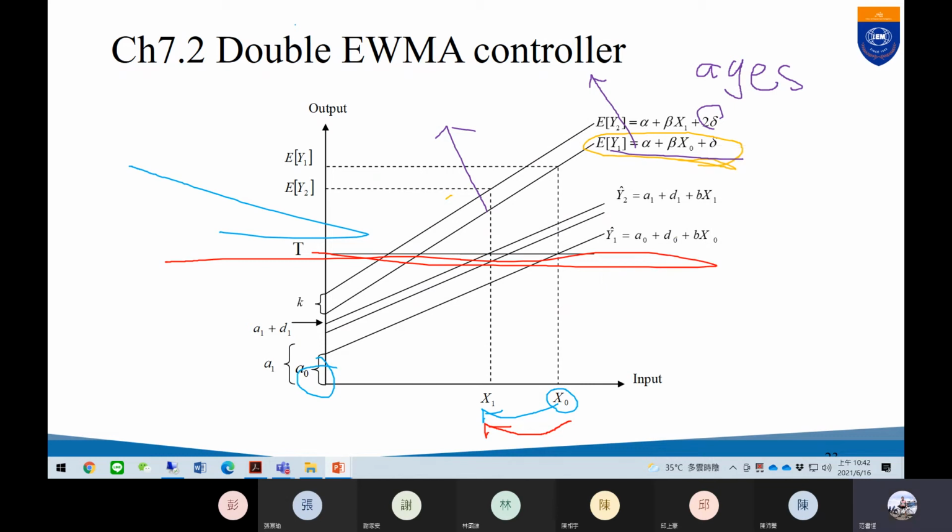Okay, you can see that this is our initial estimate of the B. The slope is a little bit different. So this is our initial D0 and D1. So we move. Yeah, this is not exactly this.